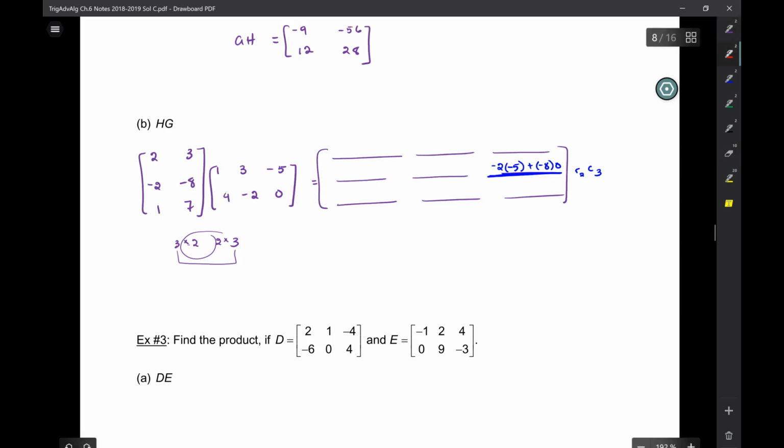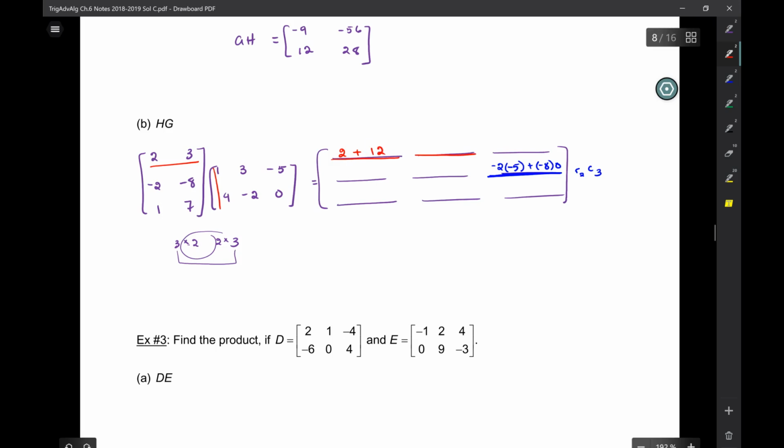All right, this first one here, row 1, column 1. Keep saying that to yourself and take row 1, column 1. So now, the first times the first, 2 times 1 is 2, plus 3 times 4 is 12.